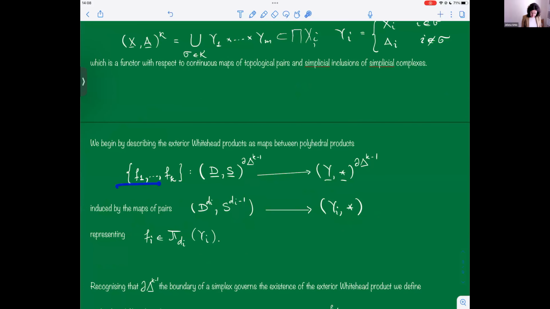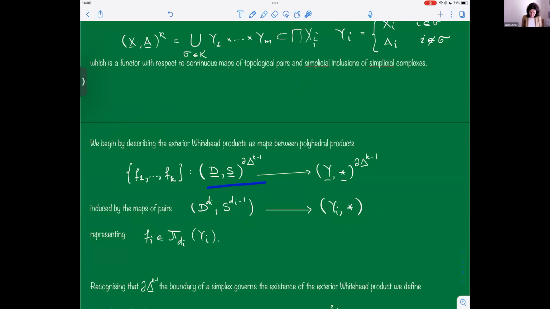We said that an exterior Whitehead product goes from the join of domains of the F_i, those are spheres, and we can rewrite that join in terms of polyhedral products by taking the simplicial complex that governs the shape of the polyhedral product to be the boundary of a simplex.